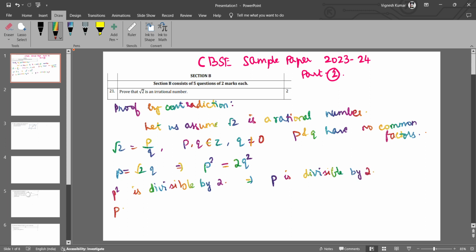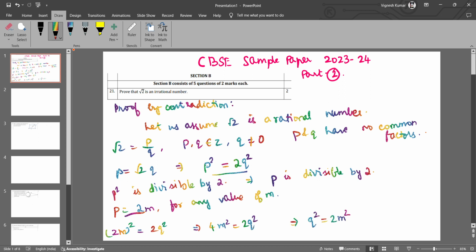So we can write p is equal to 2m for any value of m. If we substitute p is equal to 2m in p square is equal to 2q square, then we get (2m) whole square is equal to 2q square. So 4m square is equal to 2q square, which gives us q square is equal to 2m square.